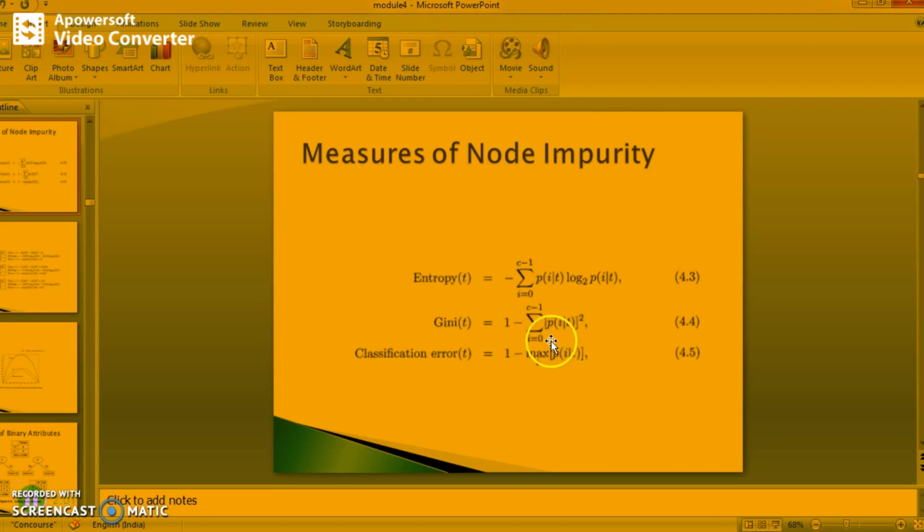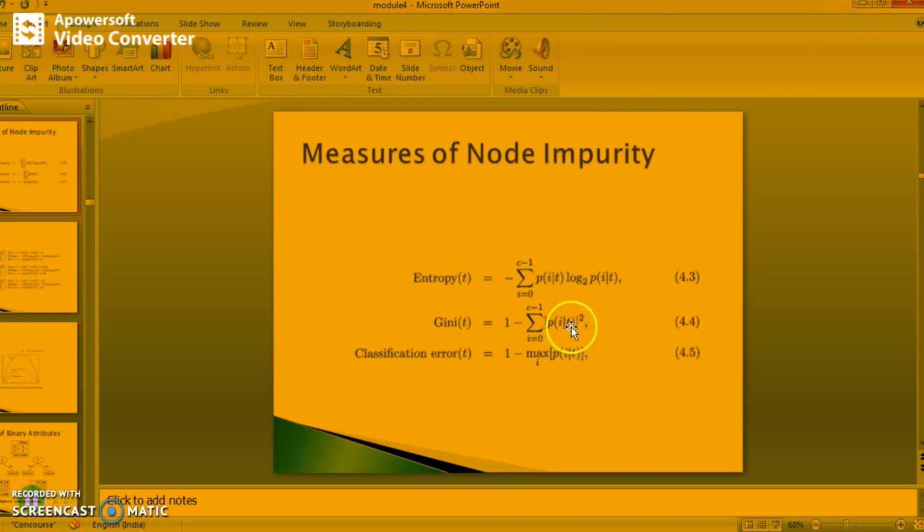So what is this P of i t? That represents the class distribution, or the fraction of records. Here i represents the class, either 0 or 1, and t represents the node, that is, the number of records.